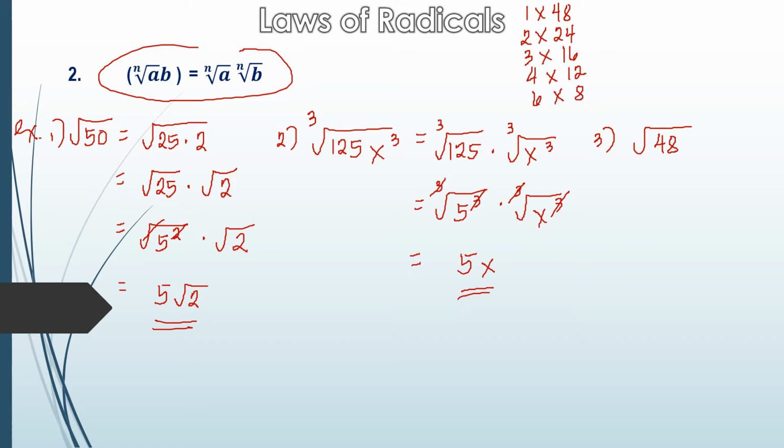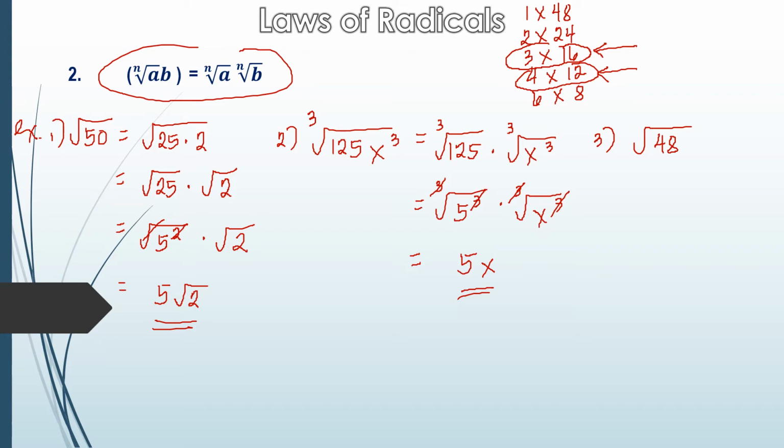So among the given factor pairs, we will choose a factor pair in which one of the given factors is a perfect square. So among the given factor pairs with a factor that is a perfect square, we have 3 times 16 and 4 times 12. In this factor pair, the perfect square is 16. And in this factor pair, the perfect square is 4.